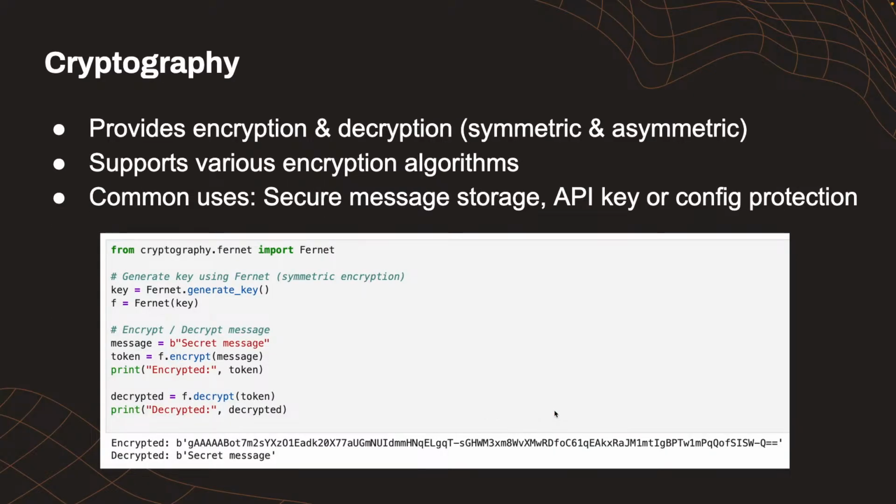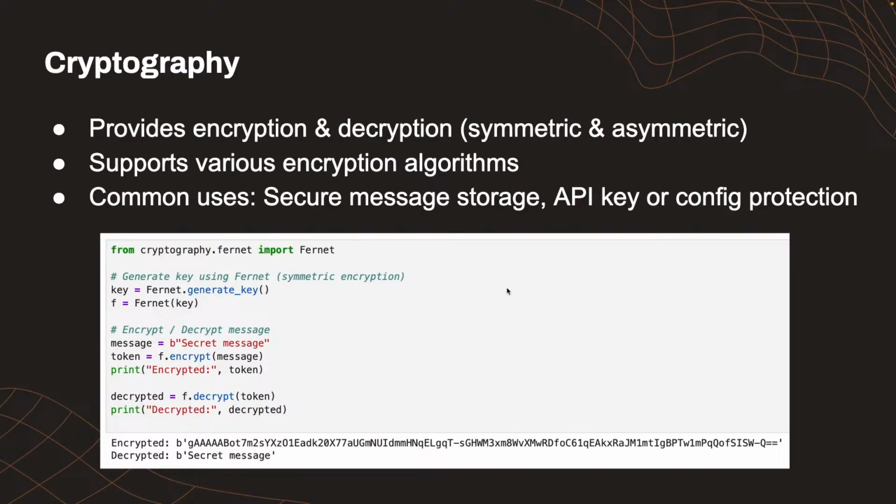Another good library is cryptography, which basically provides encryption and decryption, both symmetric and asymmetric. That's basically just to do with different keys. It supports various different encryption algorithms, and it's mainly used for secure message storage and API key or config protection. For example, here it's using Fernet, which is a really easy to use symmetric encryption.